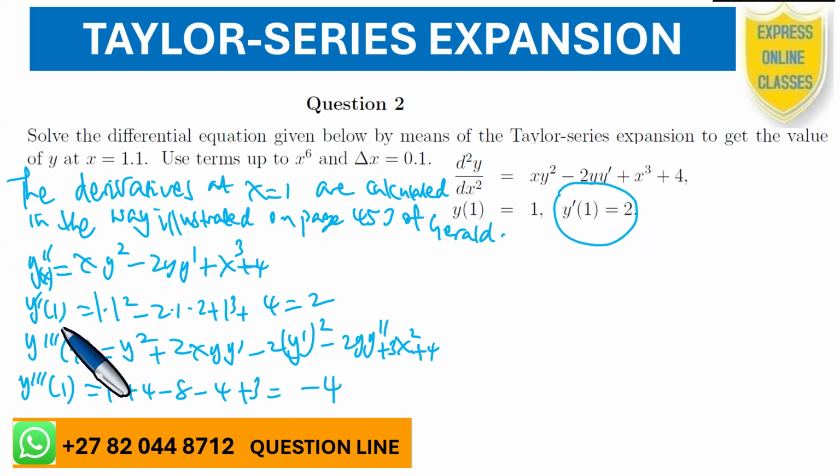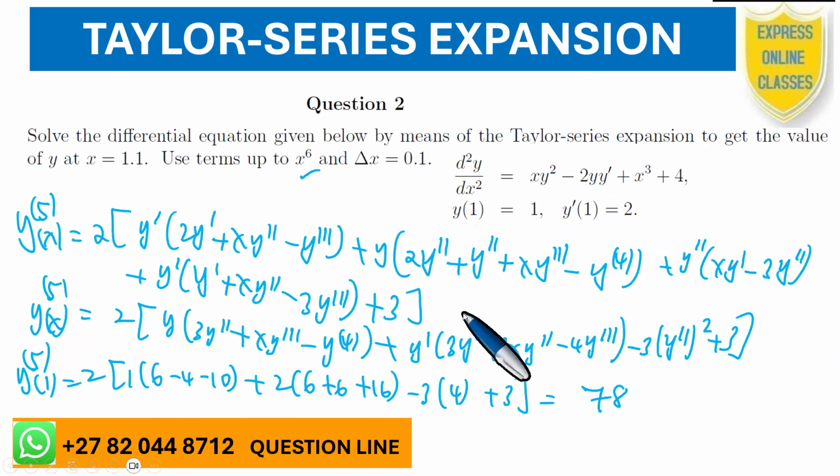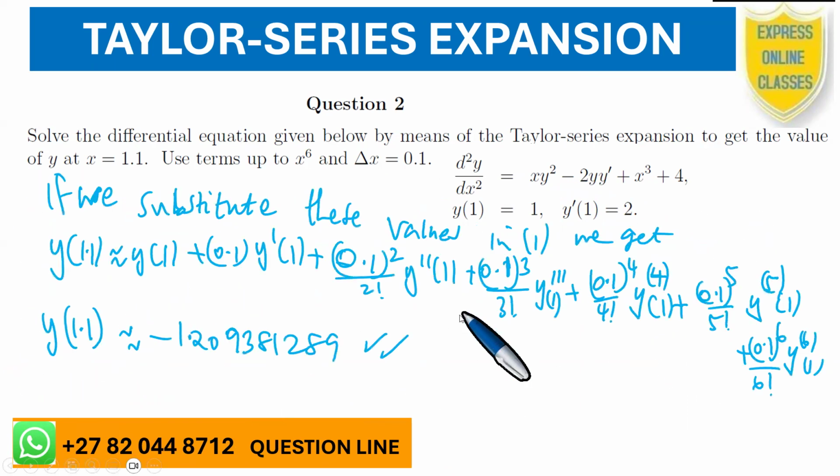The double primed is also 2, as much as the single primed is also 2. So you take all those and substitute here. The y primed at 1 is 2, the double prime is also 2, the triple prime you've seen there, and so on and so forth, and you get this. And this becomes obviously the required result.